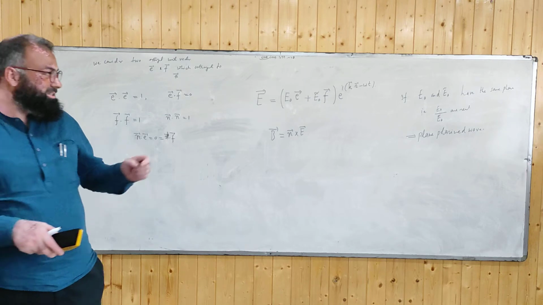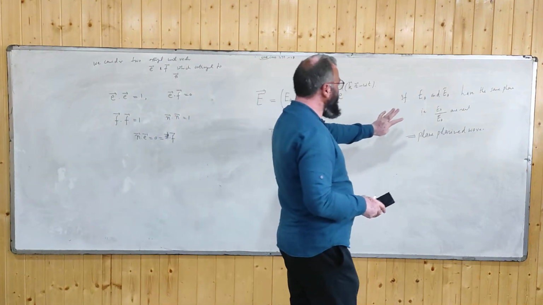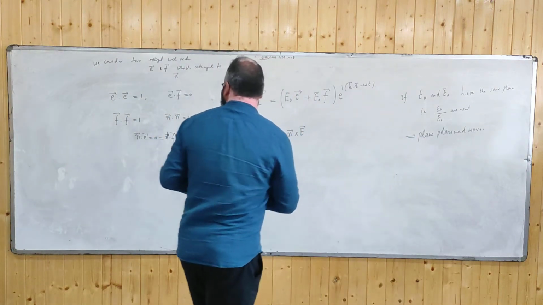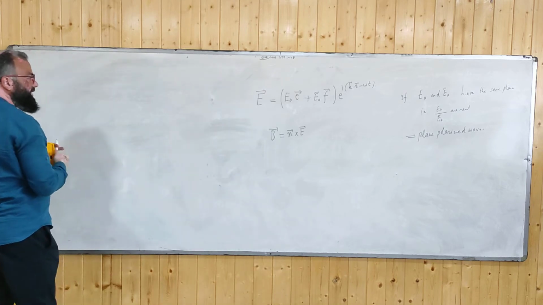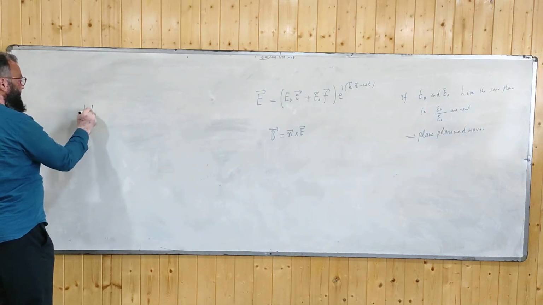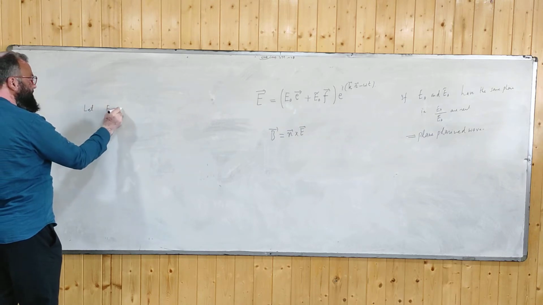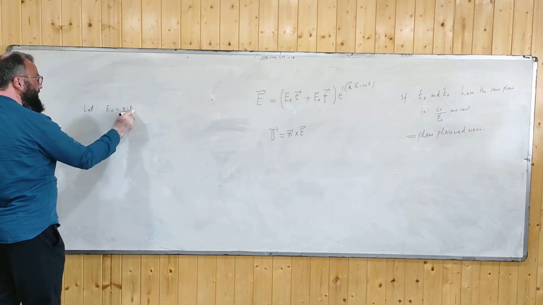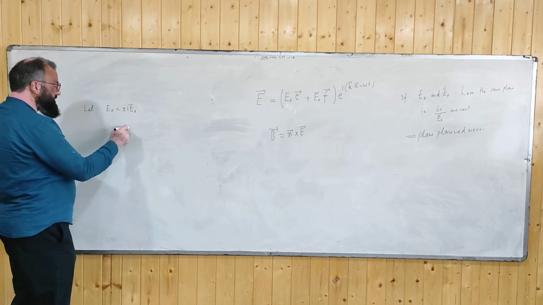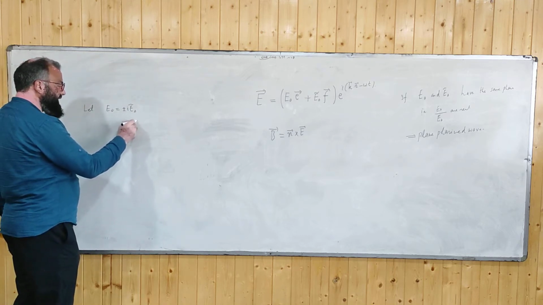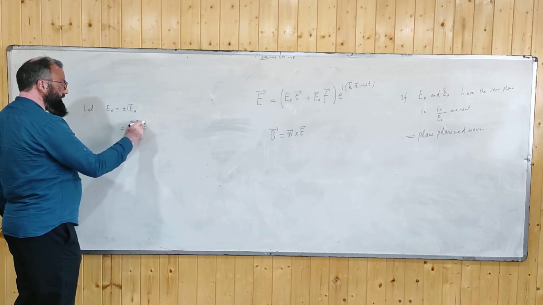Clear? But now let's choose these to be this way. You will see in a moment what I mean by that. Let's choose E0 equal to plus or minus i E0 tilde. What does that mean? So it's actually e raised to the power plus or minus i pi by 2 times E0 tilde.